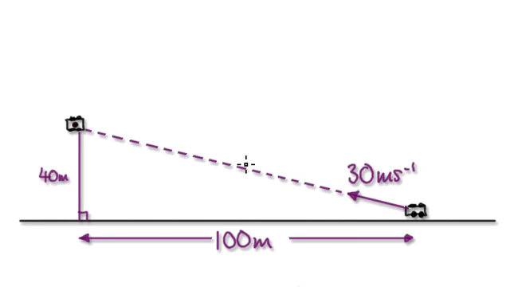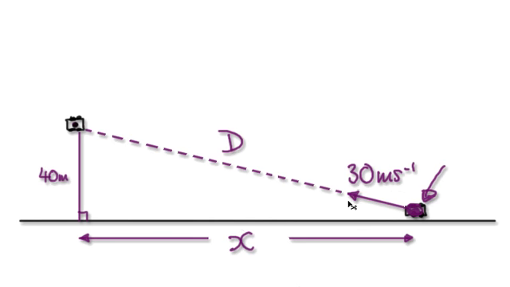Okay, so let's set up a model here. Let's call this x, and then let's call this distance here capital D. So this is our car at the moment.